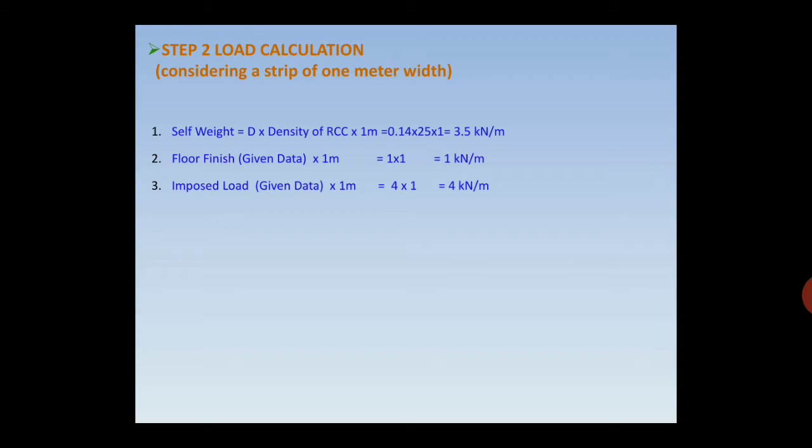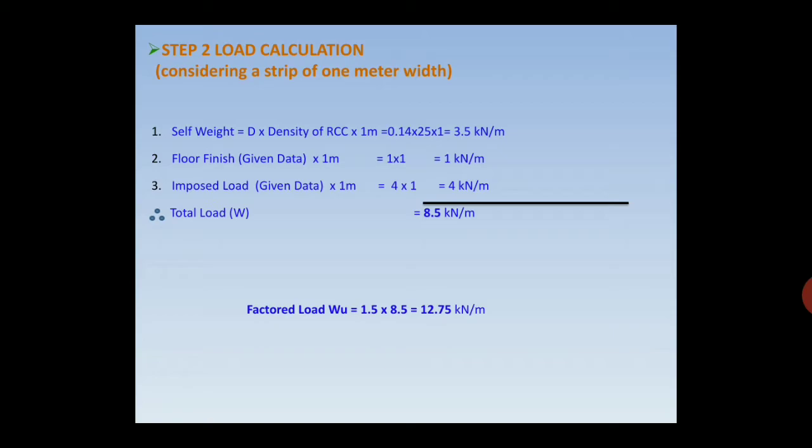So we get the imposed load as 4 kilonewton per meter. Therefore, we get the total load by adding all the three parameters as 8.5 kilonewton per meter. Therefore, factored load Wu is equal to 1.5 into 8.5, which comes out to be 12.75 kilonewton per meter. So again, this step is the same as we have done in case of a one-way slab design.